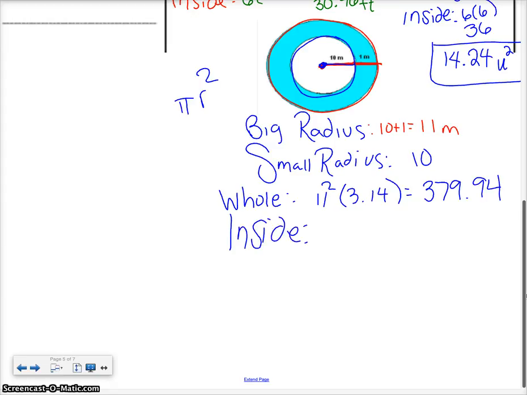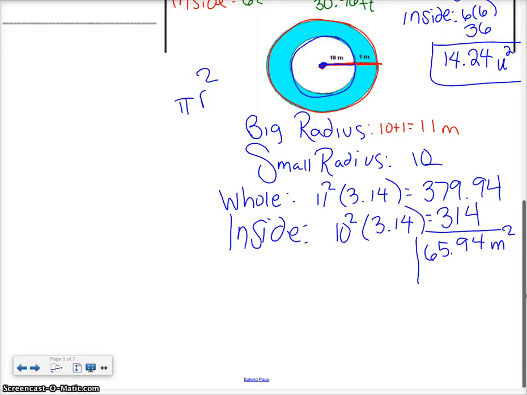Well, my inside radius is 10, so it's going to be 10 squared times 3.14, which is 314. Take away, or find that difference, and you get 65.94 squared meters. And that's your learning target today.